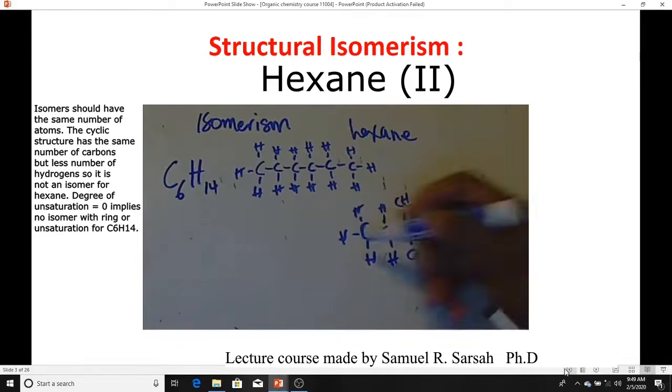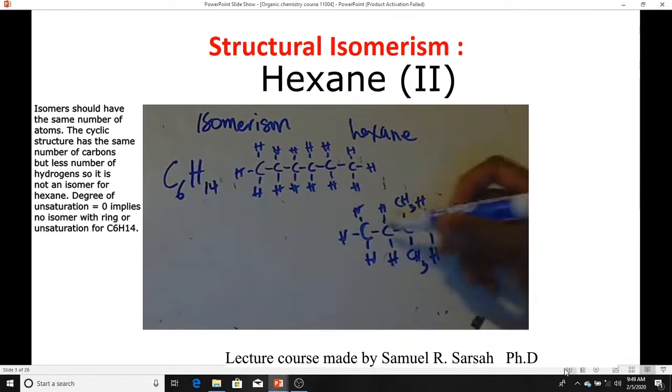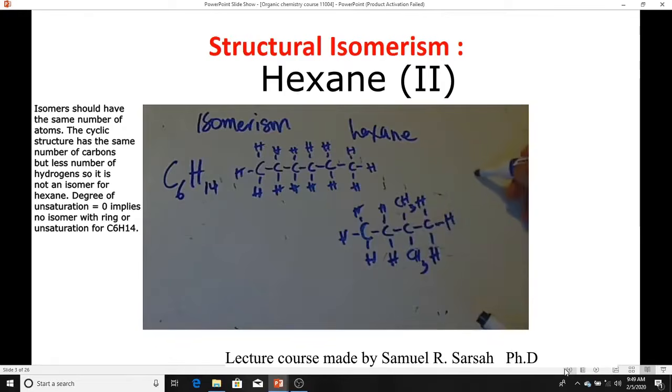Now let's try and name this. 1, 2, 3, 4, so butane is the parent name. Now on carbon number 2, 1, 2, carbon number 2 is bearing 2 methyl groups.